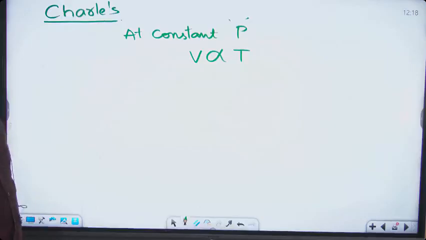The volume occupied by any gas is directly proportional to temperature.